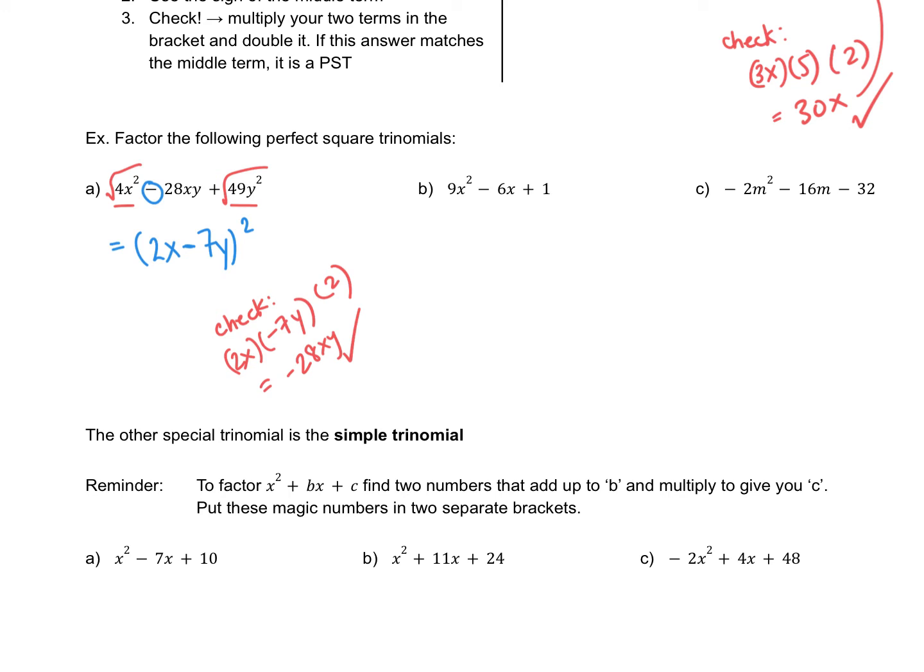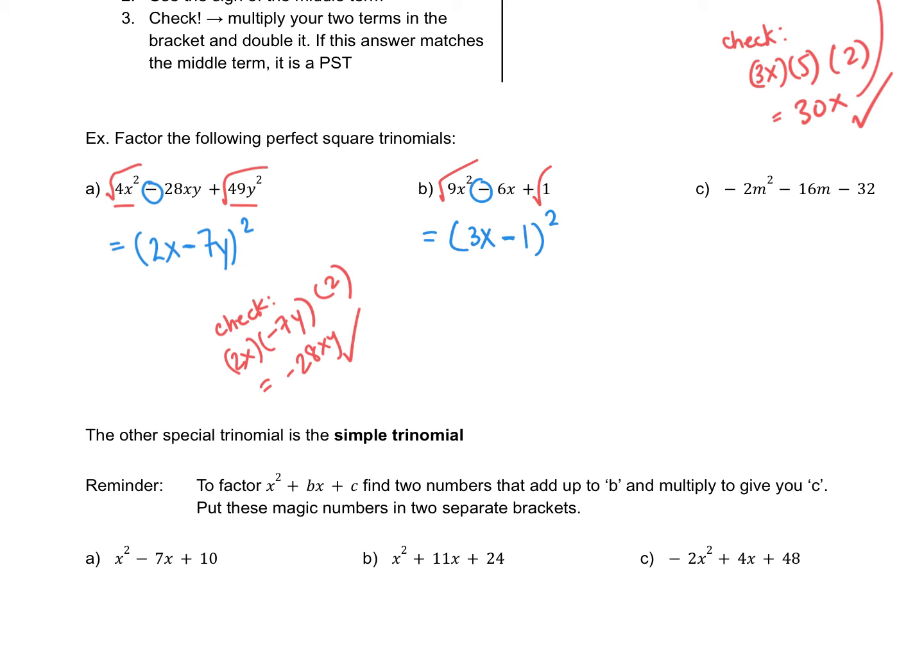The next one, the numbers are quite small, so you might have automatically gone to decomposition. Not the end of the world, but 9 and 1 are square rootable. So I'm thinking this is going to be a perfect square trinomial. The square root of 9x squared is 3x. The square root of 1 is 1. The middle sign is negative.